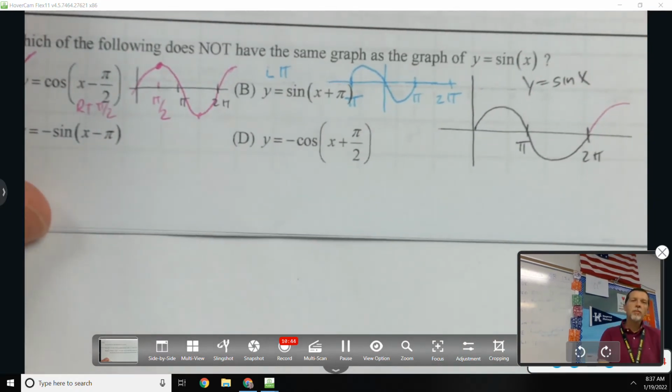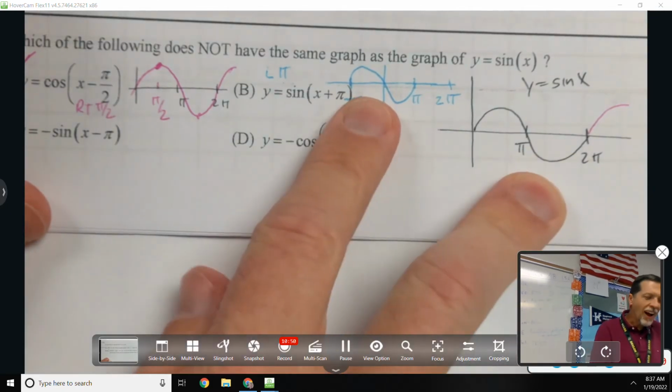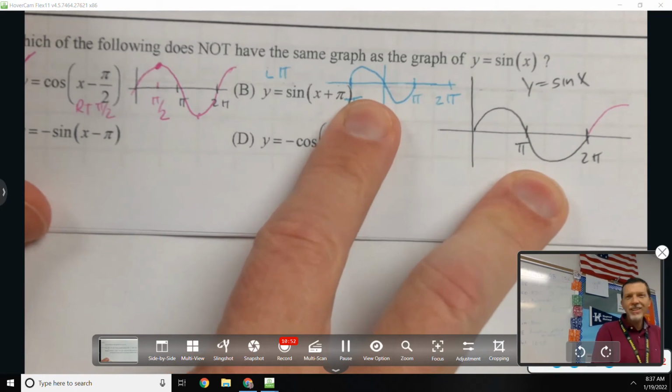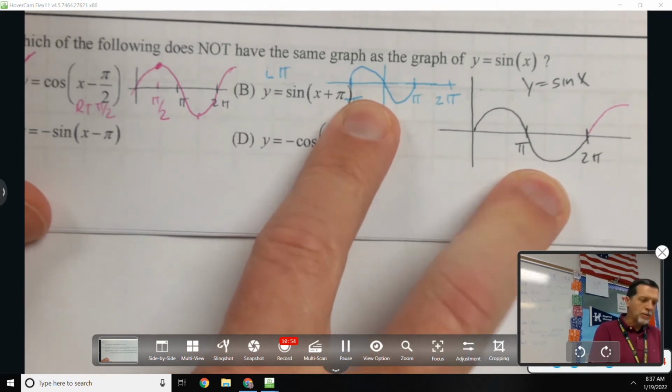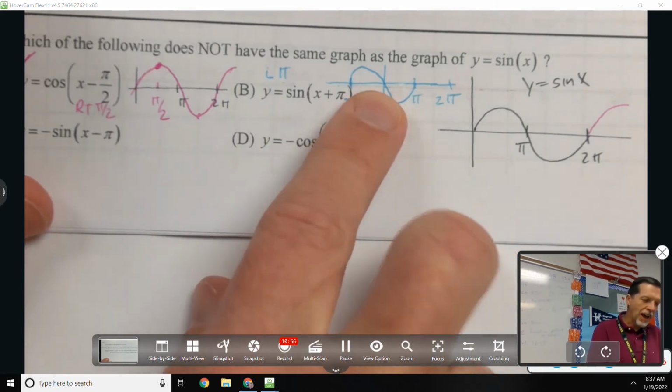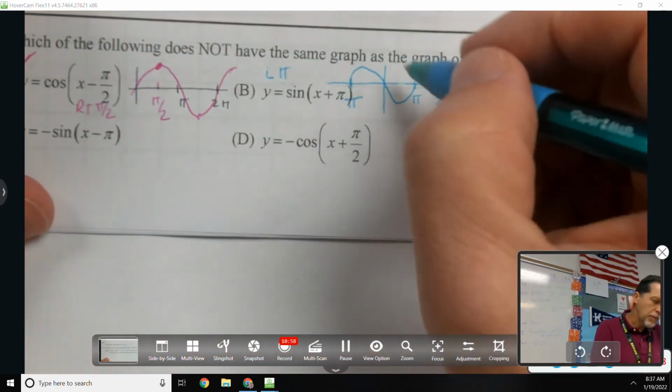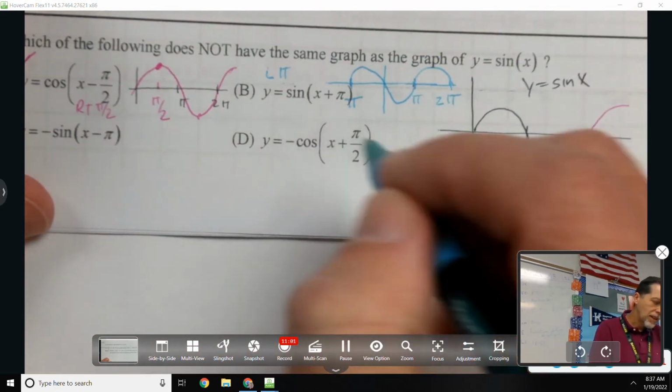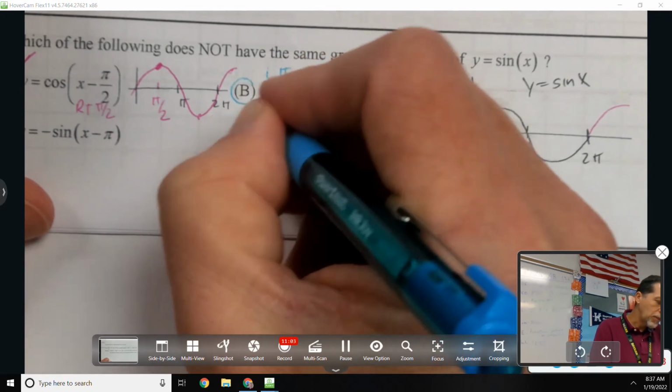Is that the same graph as the sine x? Again, it's tricky to look at because what we graphed looks the same, but it's not in the same spot, right? We moved it to the left by pi, and so it's not the same graph. It's like the flip of the graph. So B doesn't work.